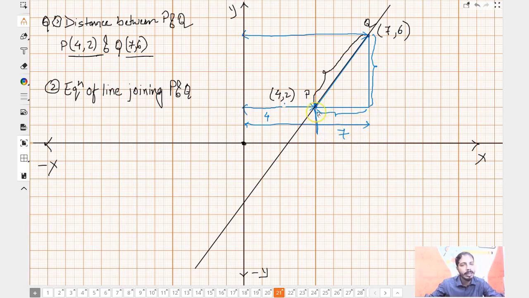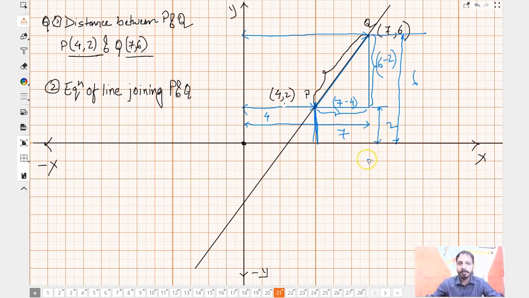So what is this length, guys? This length is 7 minus 4. Similarly, we know the height of this point, which is the ordinate of this point. This height is given as 2, and we know the height of this point, which is 6. So what is this height? This is 6 minus 2.